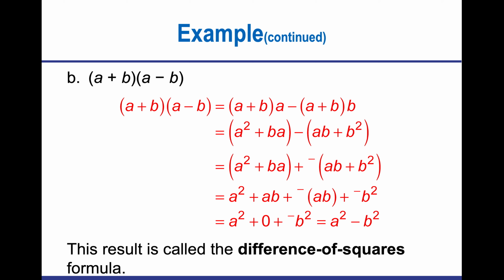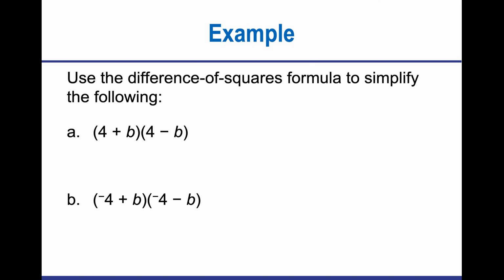So the result here is something special that we're going to see a little bit more as we get into quadratics, and that's that it's the difference of squares formula. Now, using that difference of squares formula, we can simplify the following expressions. I know if I have the negative times the positive, I'm going to get a negative answer.